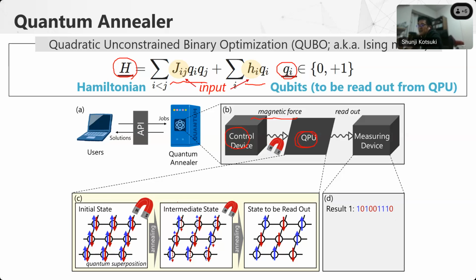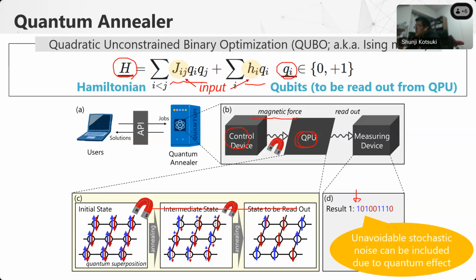The annealing gradually resolves this quantum condition, and by gradually removing the quantum effect, finally one static solution is obtained and can be read out from the measuring device. In this example, there are upward and downward spins, which can be read out to produce one result.